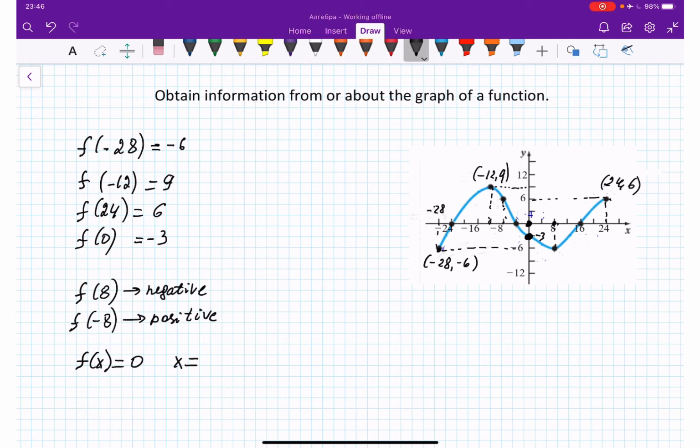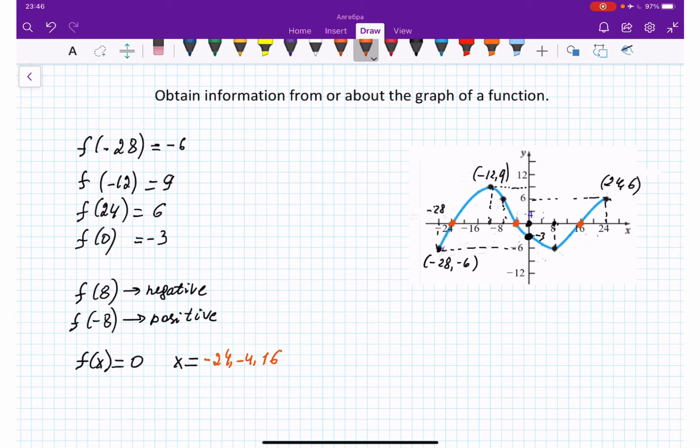At this point, right? At this point, at this point. So it is going to be negative 24, negative 4, and positive 16.